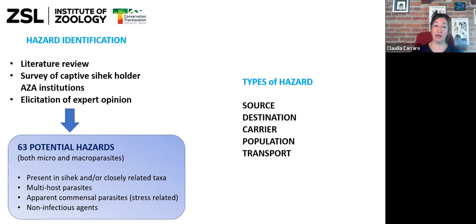Population hazards are those which are present at both source and destination and may have a negative impact at the population level. And finally, transport hazards, which are those which might be encountered during transport and may be novel to translocated animals or the release site, and they're usually moved with equipment like crates, food, and water.